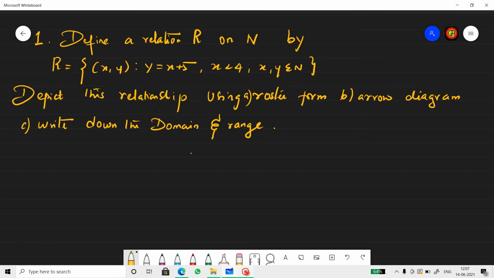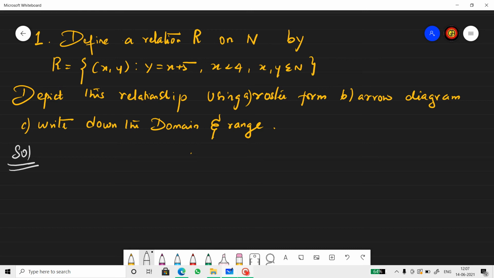Yes, so here there is a question to make you understand this concept better. Let me read out the question once. Define a relation R on N. R is the relation, N is all natural numbers here.